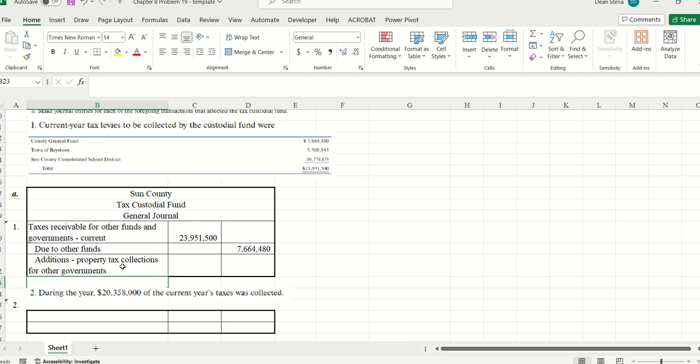Okay, so now what number goes here for the other governments? Well, we have the Bayshore and the consolidated school district here. So it's going to be the total of those two, right? Because it's other governments, and those are the other governments. This was the general fund, and then these we're going to pay out.